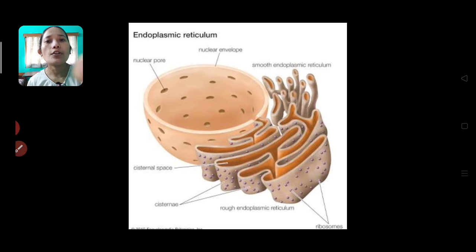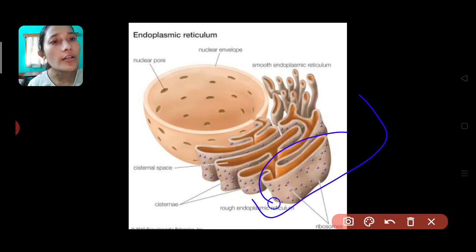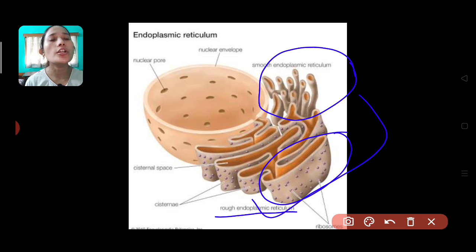If you look at the endoplasmic reticulum properly, in some cases you can see a dotted appearance. That dot-like structure is your ribosomes, and if ribosomes are present on the endoplasmic reticulum, it is referred to as rough endoplasmic reticulum. Now if you see this portion here, the dotted appearance is not there, that means ribosomes are absent. So this endoplasmic reticulum is referred to as smooth endoplasmic reticulum.